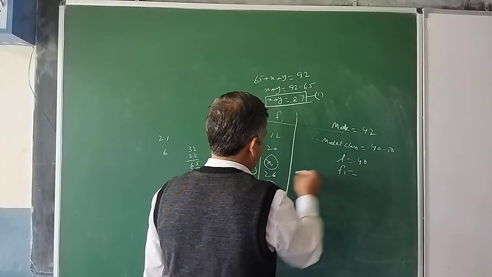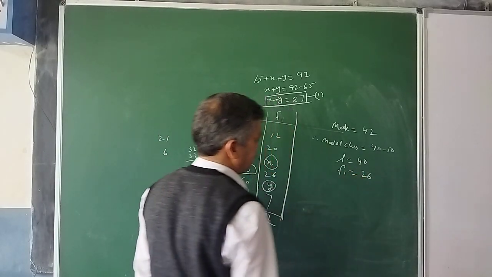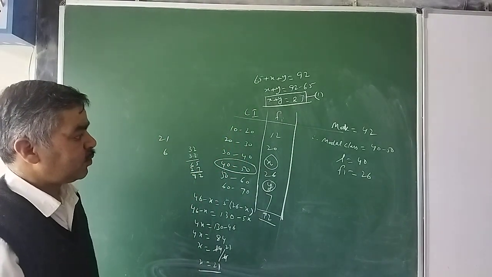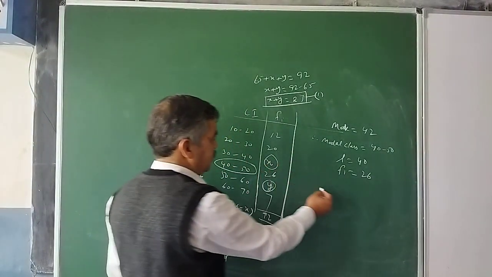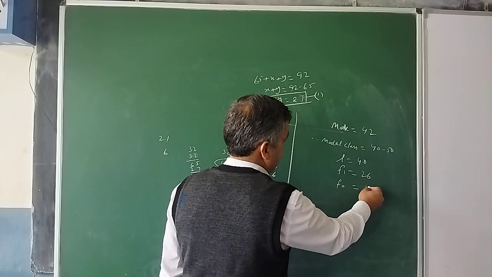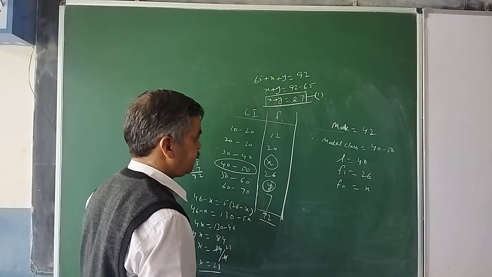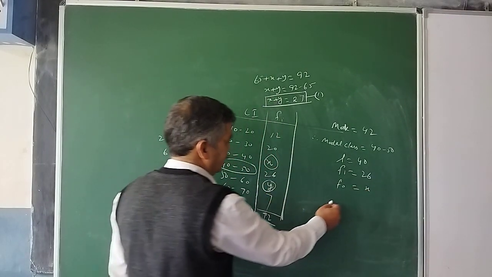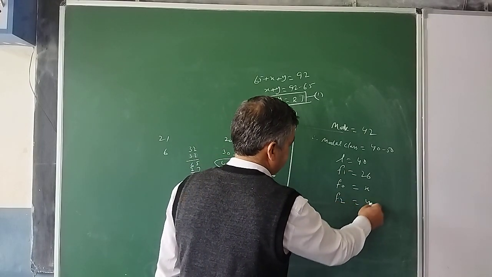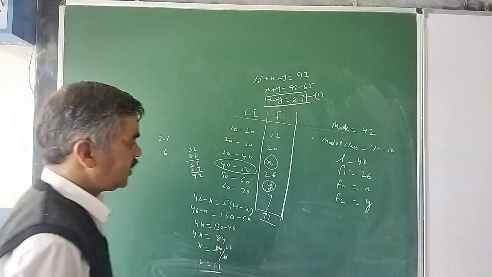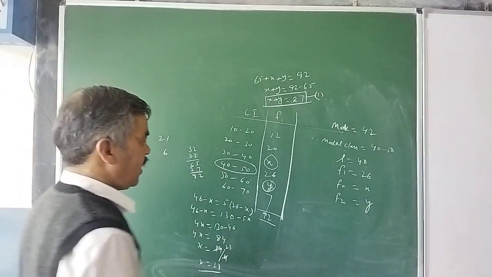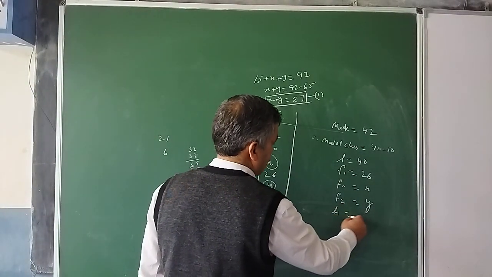F1 again is the same, that is equal to 26, the frequency of the modal class. F0 is x here and F2 is y now, preceding and succeeding. And h again is equal to what?